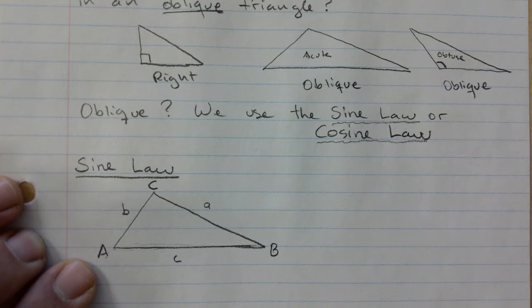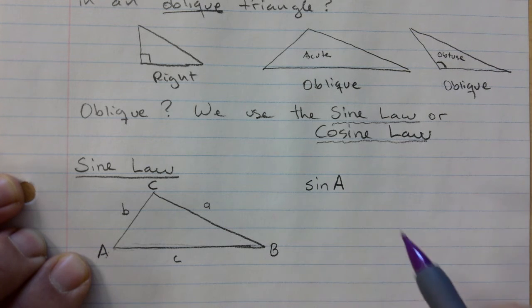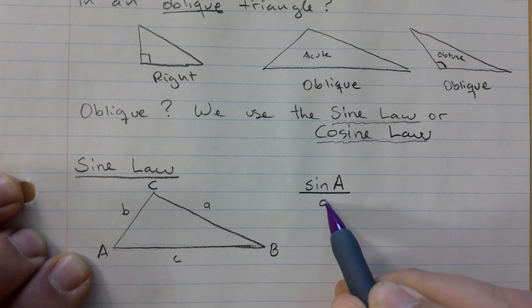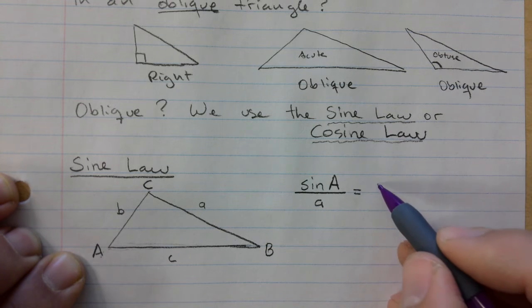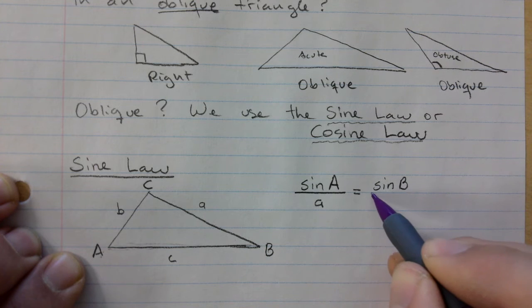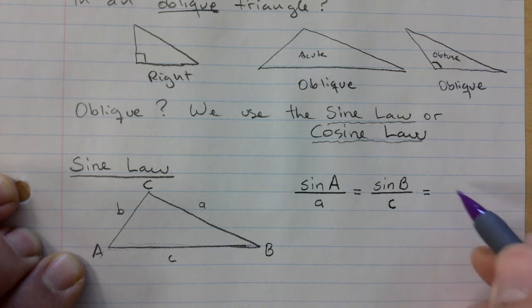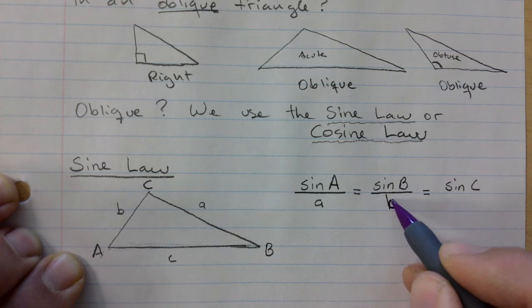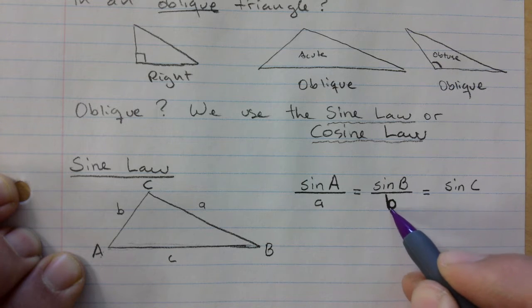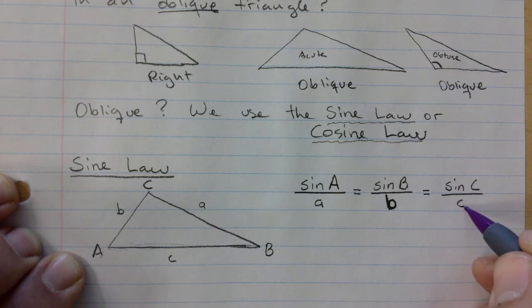And so what the sine law says, and if we have time, I will prove it to you, is that if you were to take the sine of A and divide it by the side that's across from it, you would get the exact same thing as taking sine of another angle in that triangle, let's say it's B, dividing it by side b, and the same thing is sine C over side c.